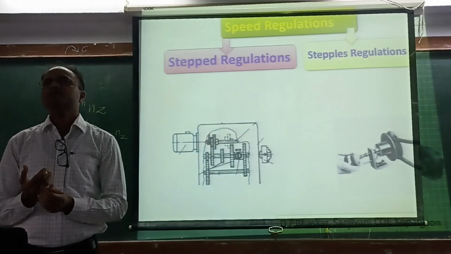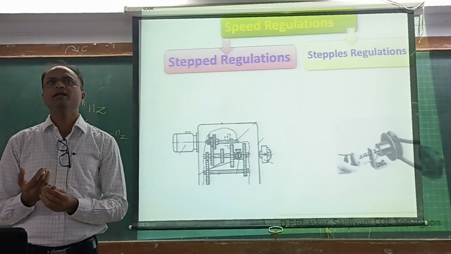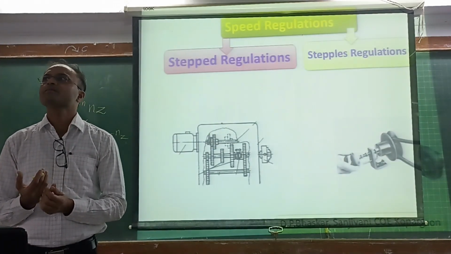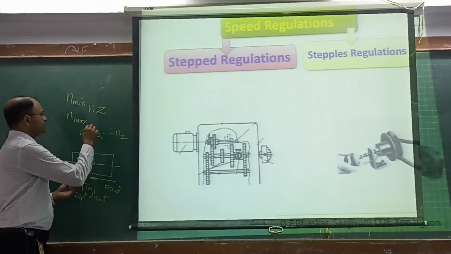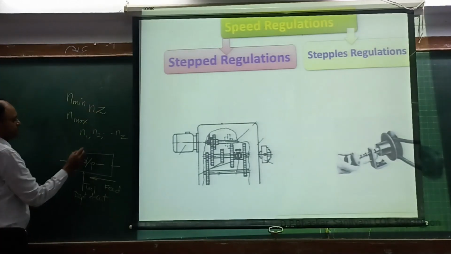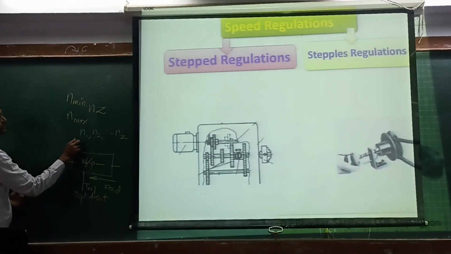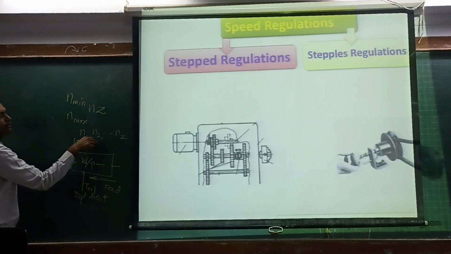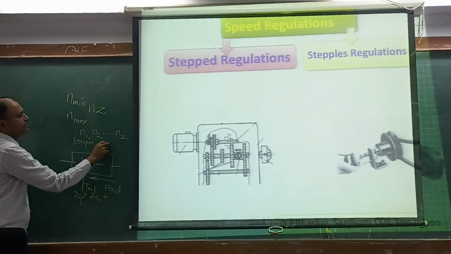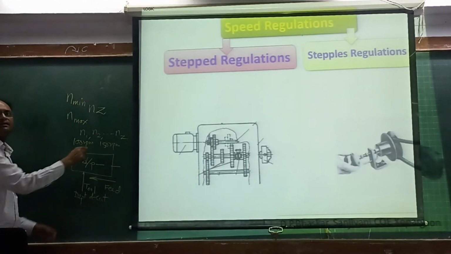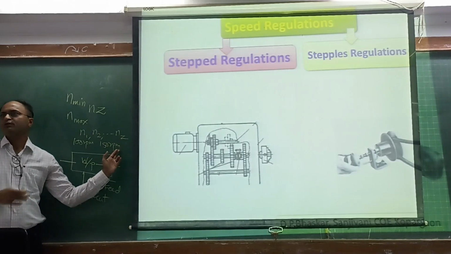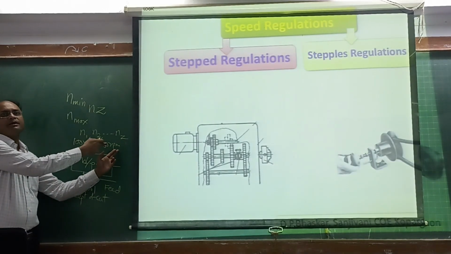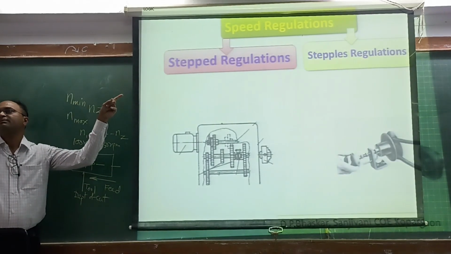Step and stepless. As the name says, step means speeds are in steps. If N1 is say 100 RPM, you can directly go to say 150 RPM. This is called step. And if you get all the speeds in between 100 and 150, that is called stepless.